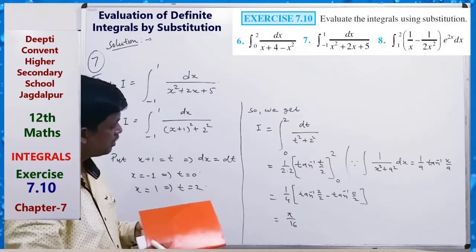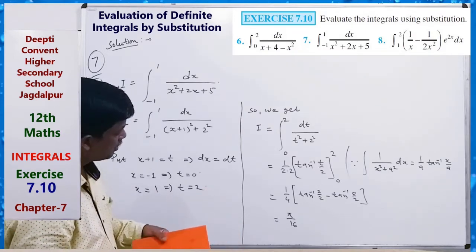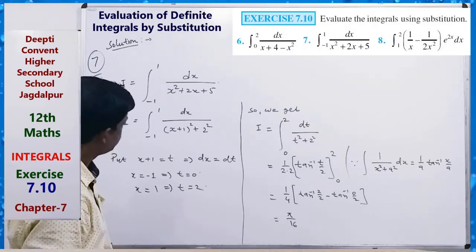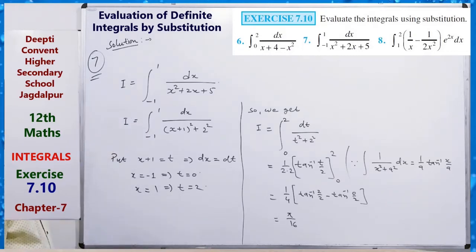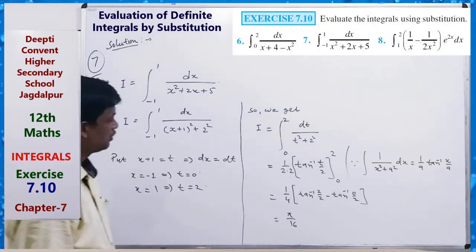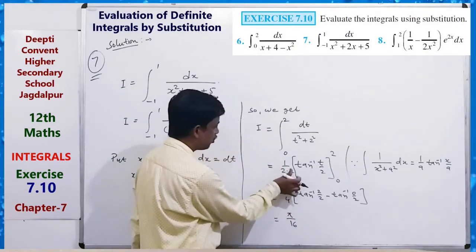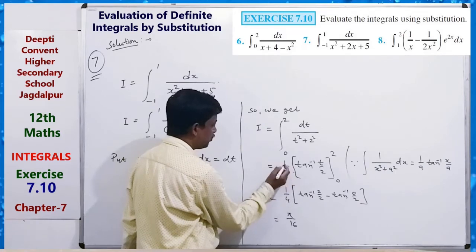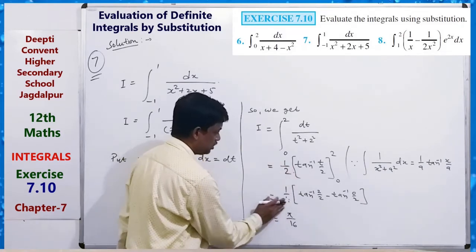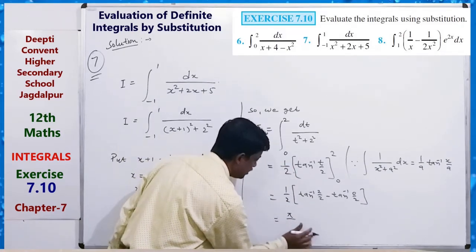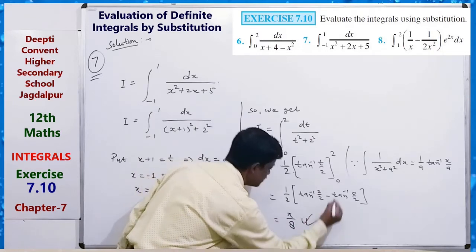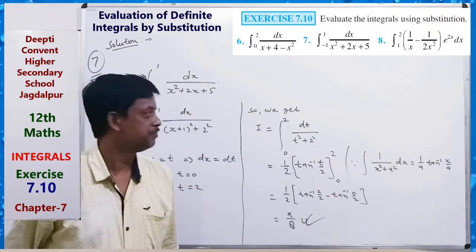Here it is 1 upon a, only a, which is 2. So this is the answer, pi by 8. Very simple question.